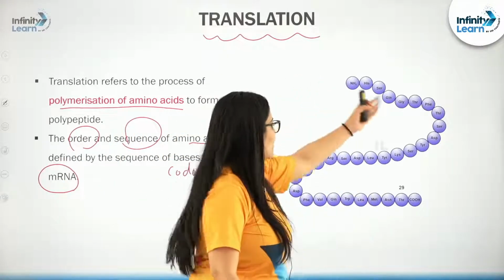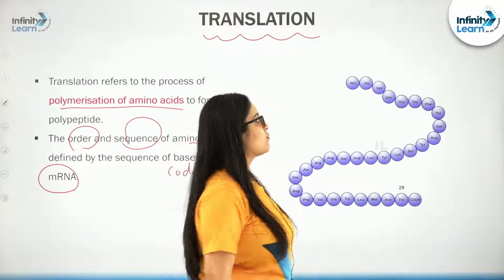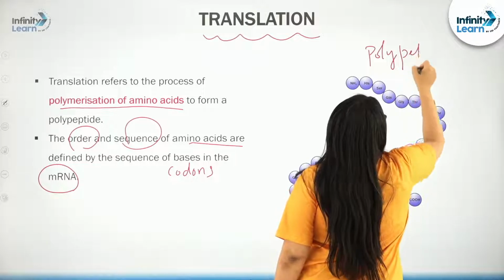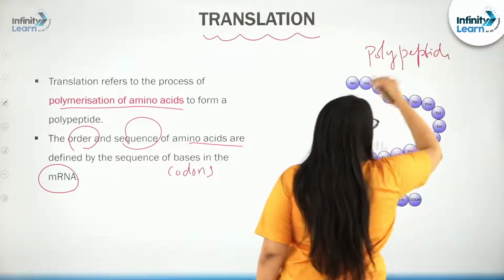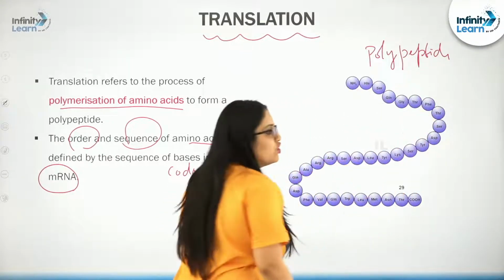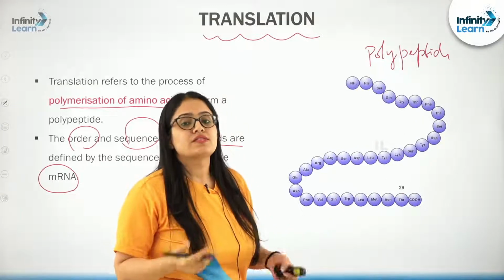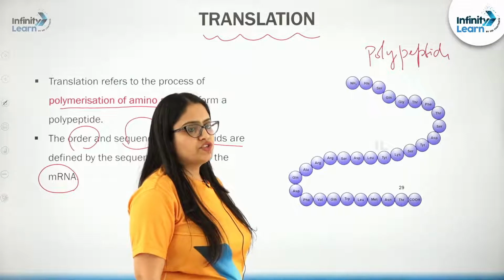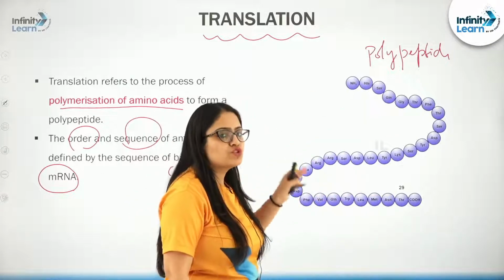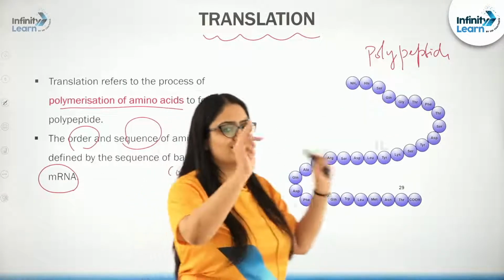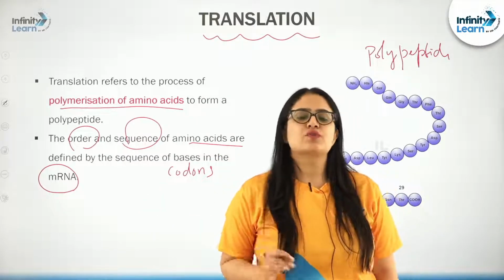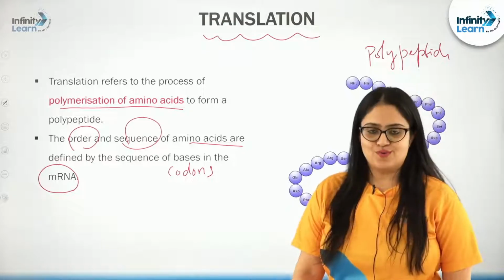For example, this is an example of a polypeptide chain, a protein, and there are several types of amino acids present in this polypeptide chain. Which amino acid comes and in which order is decided by the codons present on mRNA. I hope the introduction about the translation process is clear to all of you.